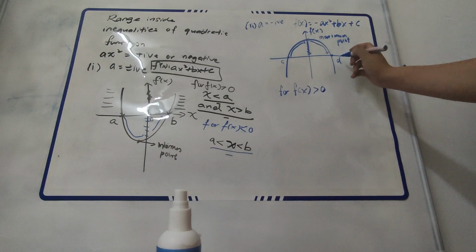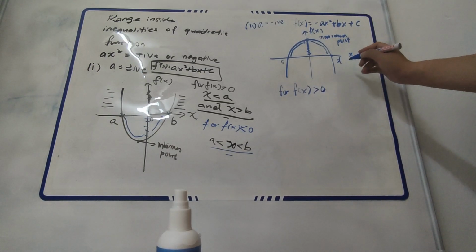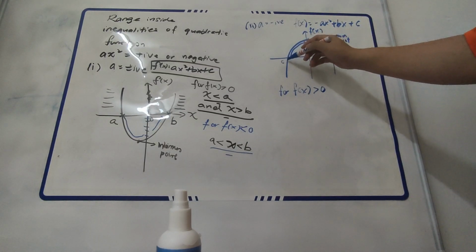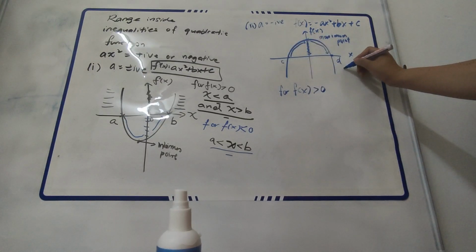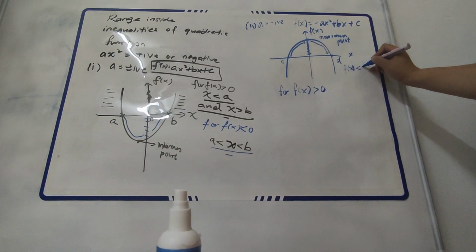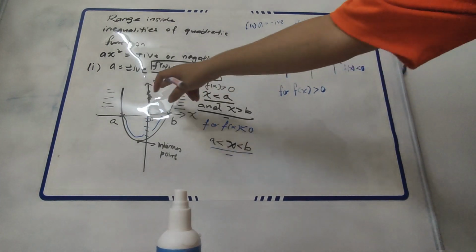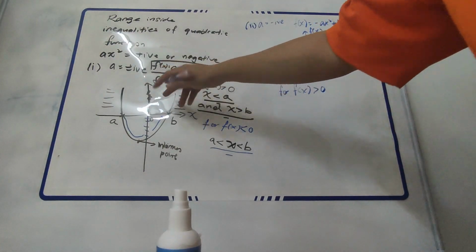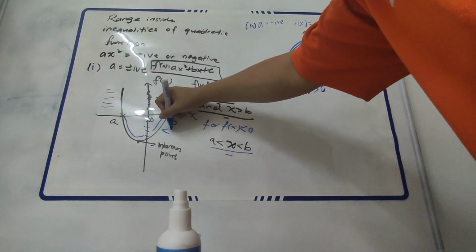If bigger than d, your range is here, so f(x) becomes smaller than 0, and you also cannot be smaller than here, because this part f(x) is also smaller than 0.